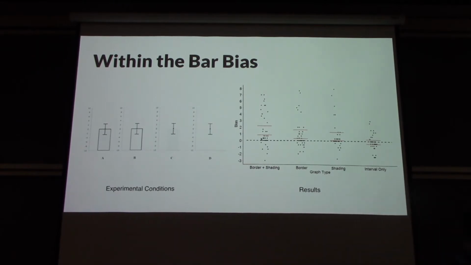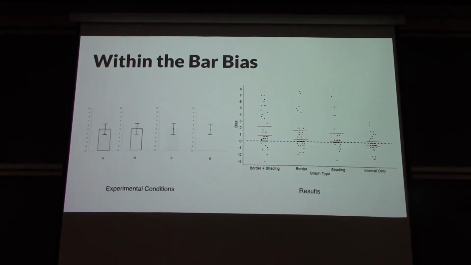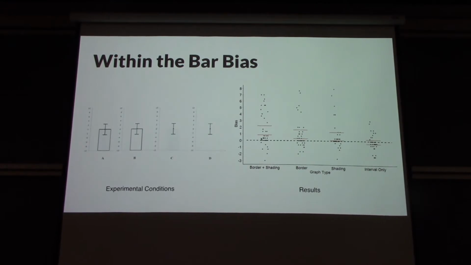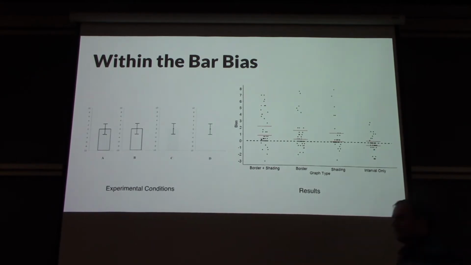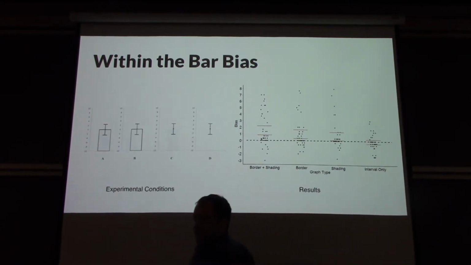So here in this chart we can see that with border plus shading, there's a strong positive bias. If we just have shading, this reduces, but if we have interval only, we can see that there is almost no bias, or there's no bias on average. So this was a controlled study just to demonstrate this within the bar bias.